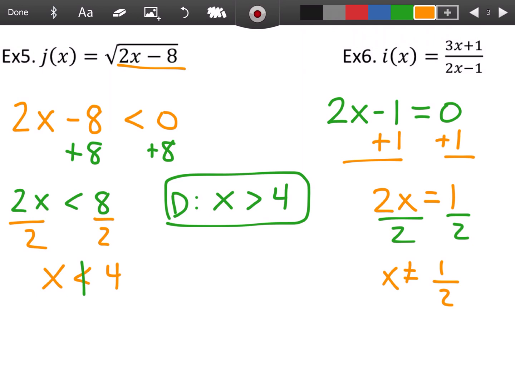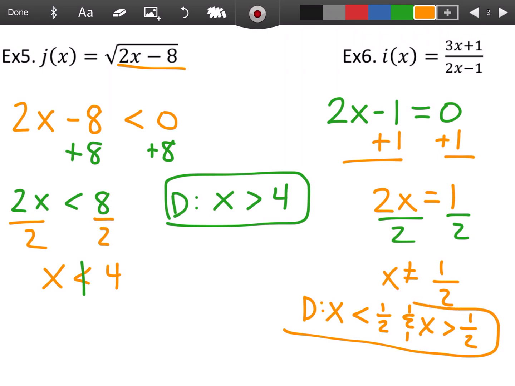So our restriction is that x cannot be equal to 1/2, or we can say our domain is everything less than 1/2 and everything greater than 1/2. We're just excluding 1/2. We could say in words, all real numbers except for 1/2. All reals except 1/2.